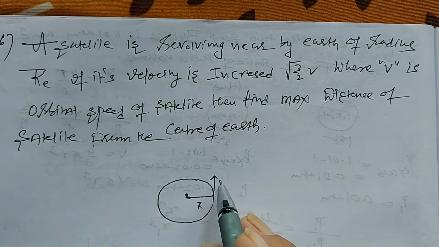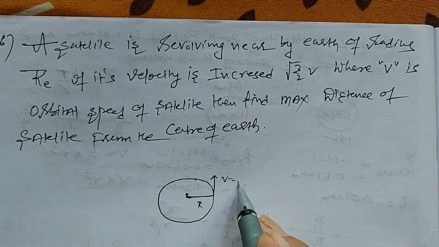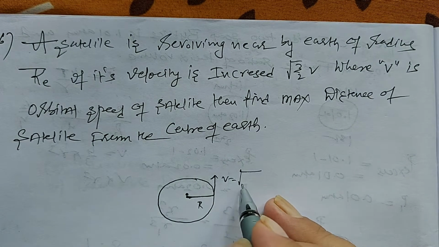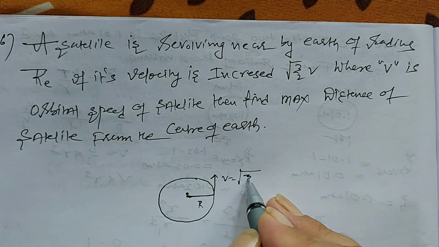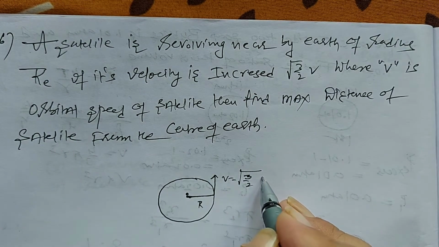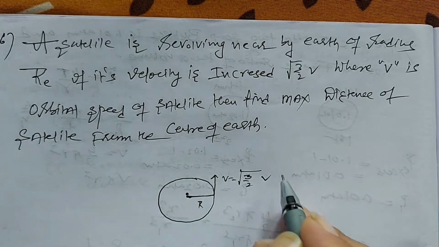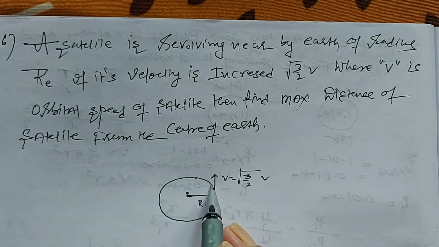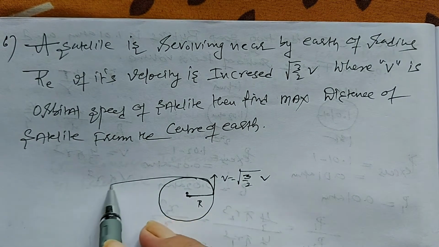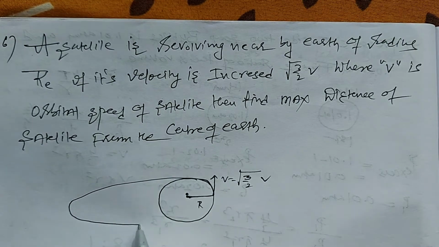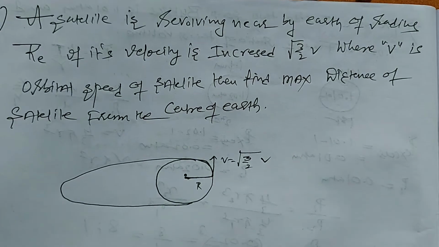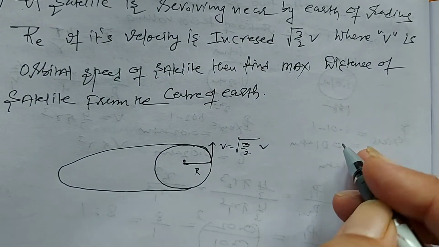When the speed of the satellite is v equal to root 3 by 2 times v, then the satellite moves in an elliptical orbit.